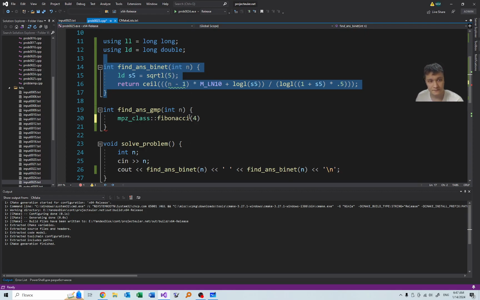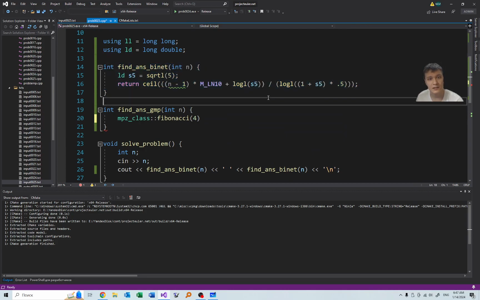For big n, it can be ignored, and thus this method is kind of exact. You will still get the wrong answer when n is really large, because you don't have enough precision of this number and of this number. This will surely lead to the answer being incorrect at some point.